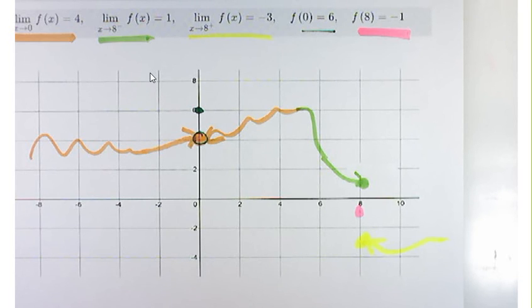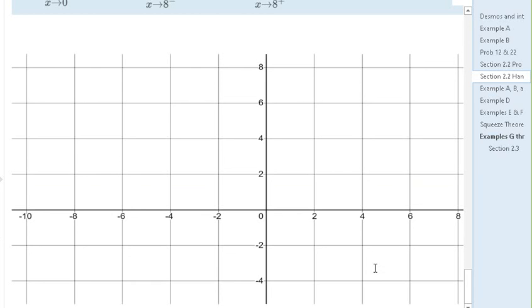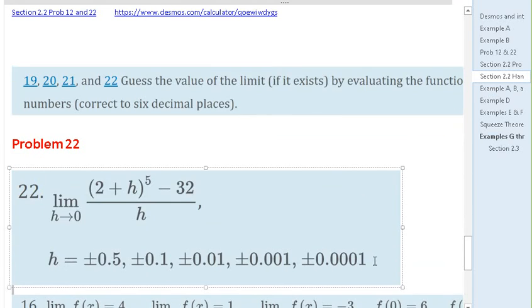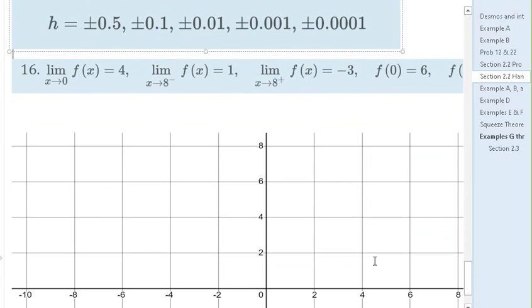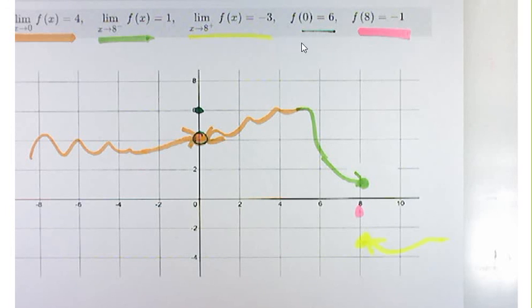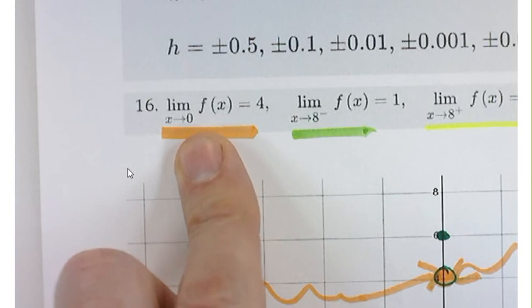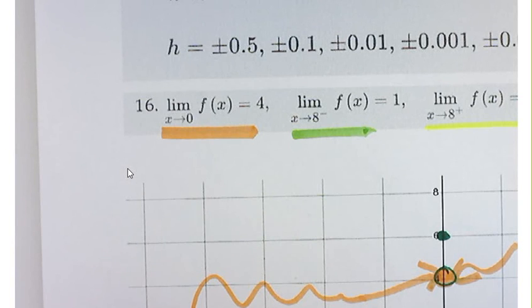All right. Comments on that last one there? I think that's it for this section. So, the big message overall from this section is that when these limits exist, the fact that the limit as x approaches 0 of f of x is 4 tells you that the limit from the left and the limit from the right have to be equal.